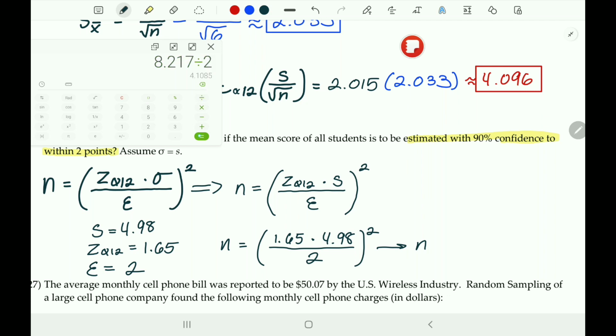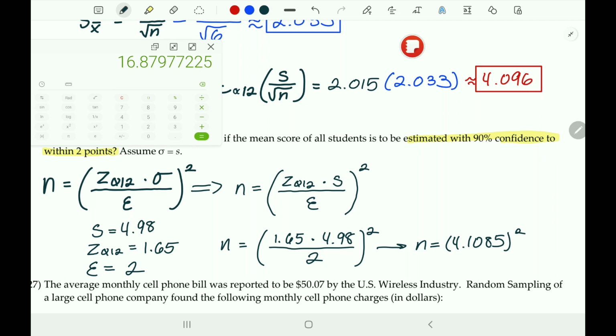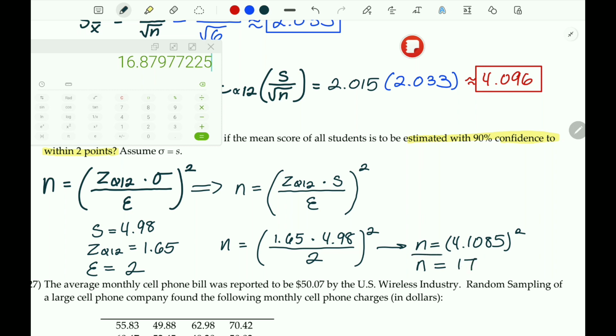Divide that by 2. Then we're going to square this value. I guess we can put 4.1085 in parentheses. Square that. And we're going to round this to the next whole number. So n is going to equal 17. And that is the answer to this question. And that is it to number 26.